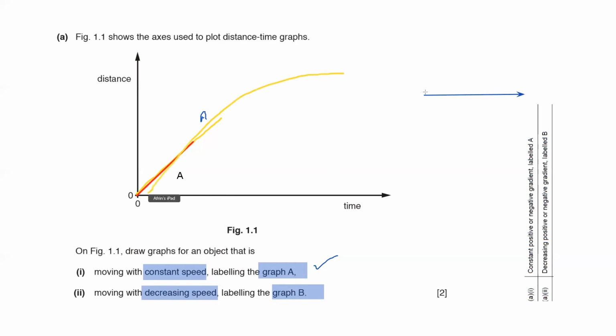One of the graphs is already done. Yeah, that's right. So the first one for a distance time graph, we label that as A, that is the constant speed. And the second one, it's decelerating, so we can label that as B.